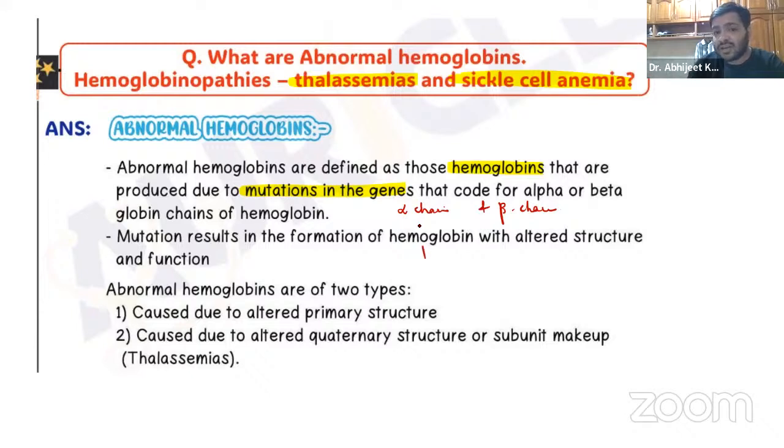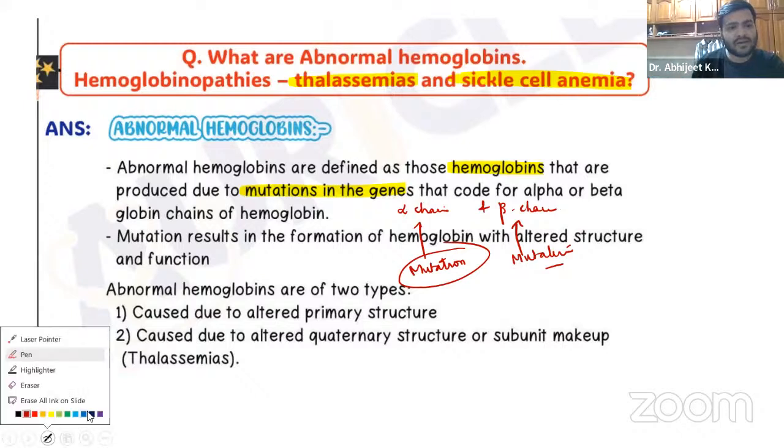If there is a mutation in the alpha chain or the beta chain, what will happen? Automatically, the resulting hemoglobin will not be normal, it will be abnormal hemoglobin, formed due to mutation in the genes that code for these alpha or beta chains. Abnormal hemoglobins can be of two types.